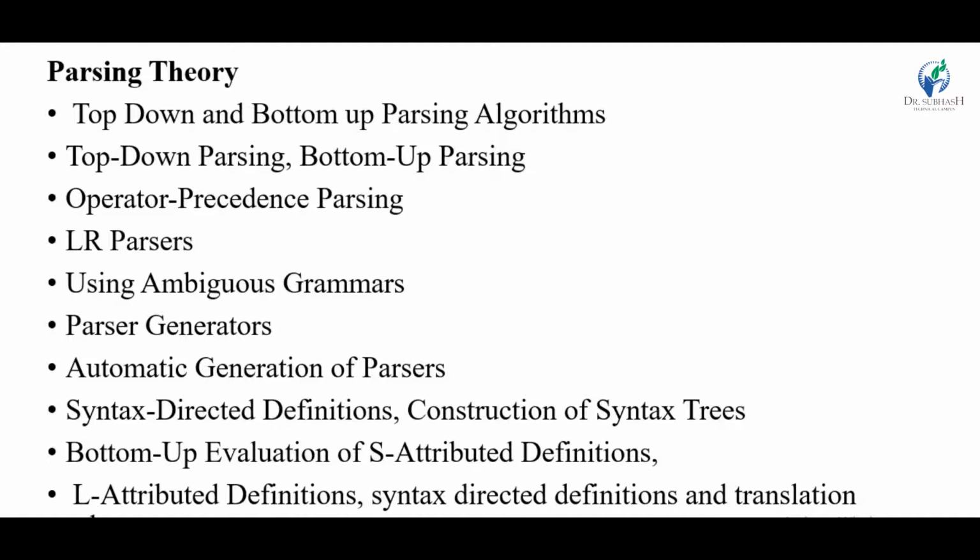In synthesized attributes, information is passed from bottom to top in the parse tree, while in inherited attributes, information is passed top to bottom in the parse tree or from left sibling to right siblings.